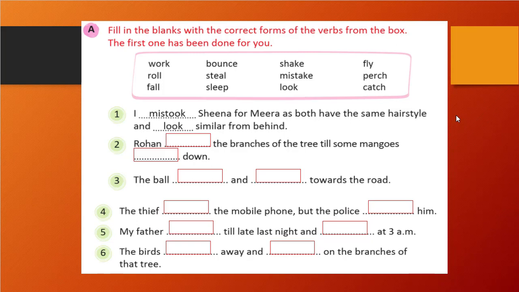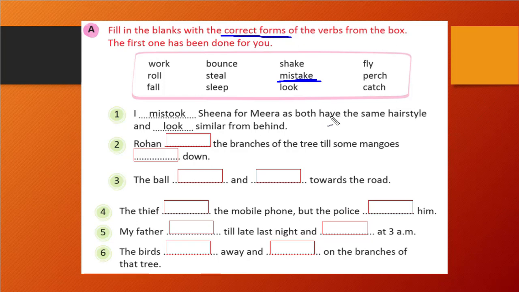Like the first question, you see. I blank Sheena for Meena, as both have the same hairstyle and blank similar from behind. So here, mistook. I mistook, mistake. The mistake option is given right here. You can see here, right? We will use the verb mistake, but we need to write it in the correct form.